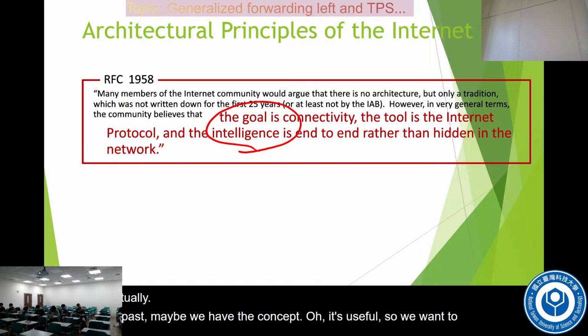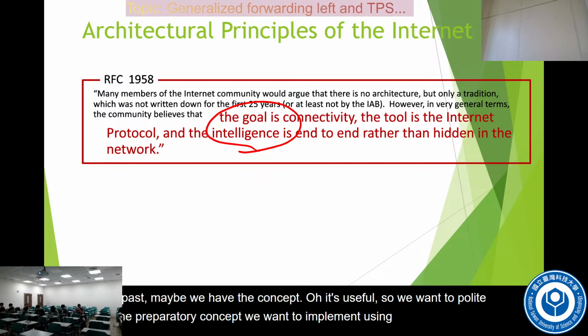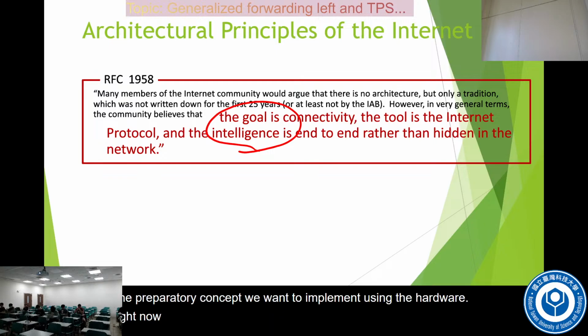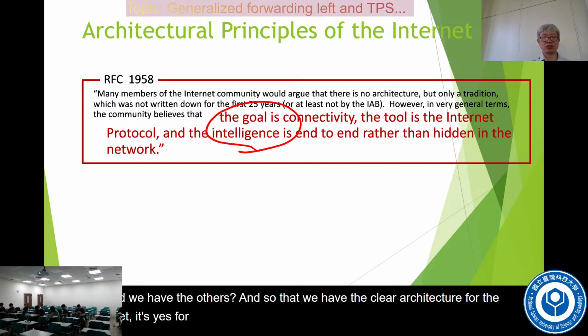From the proprietary concept, we wanted to implement it using hardware. And right now, we want to open it to everyone. So we have SDN, and beyond SDN, should we have others? And so that we have a clear architecture for the internet. It's yes, for the current age.